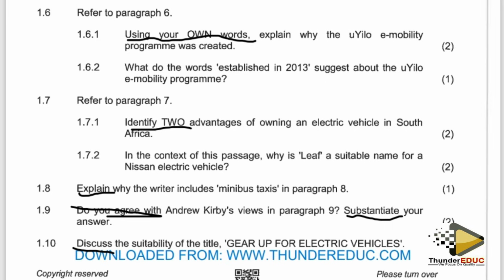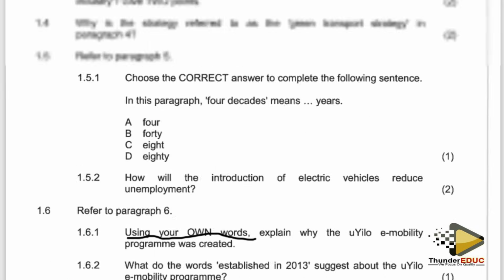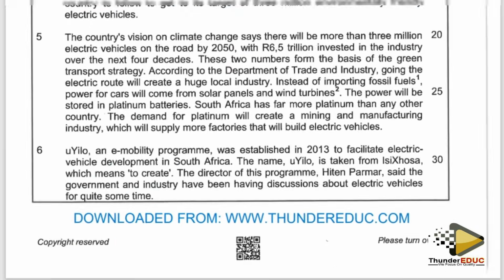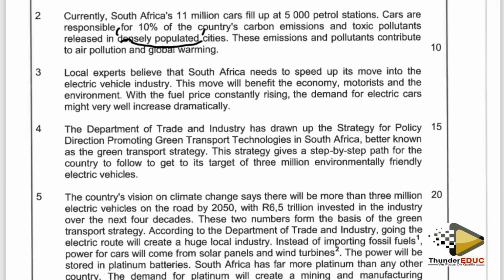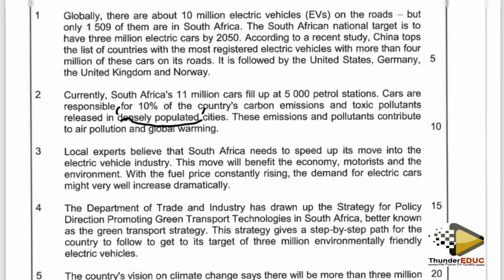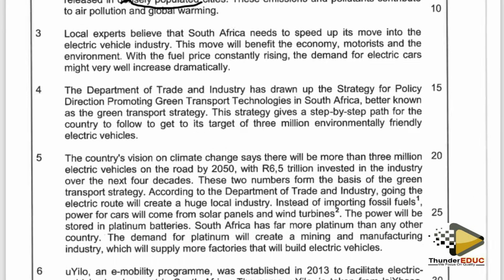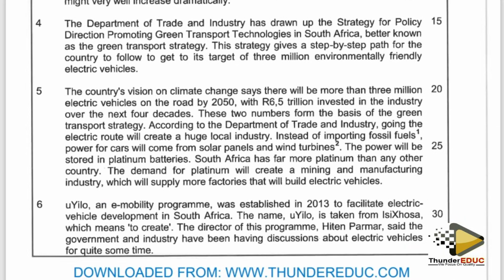When they say gear up for electric vehicles, you're giving the suitability of the title after you have read the passage, and therefore it is suitable because with the lot of disadvantages that are raised in the passage, there is a need to bring green transport strategies.